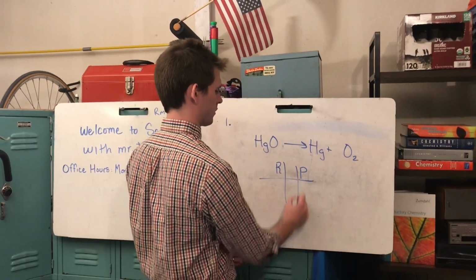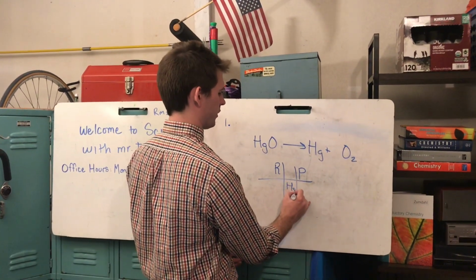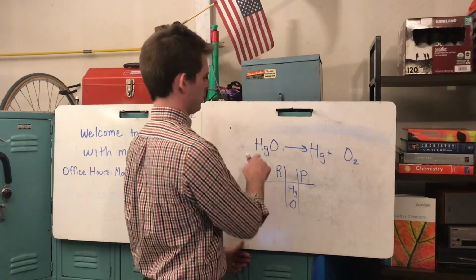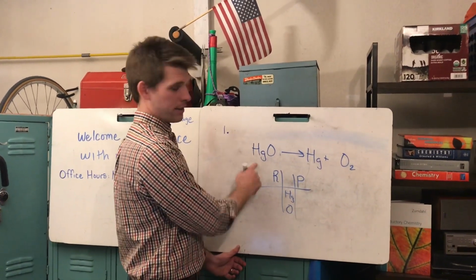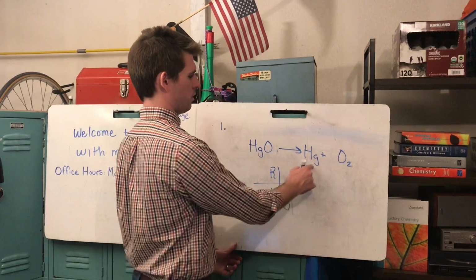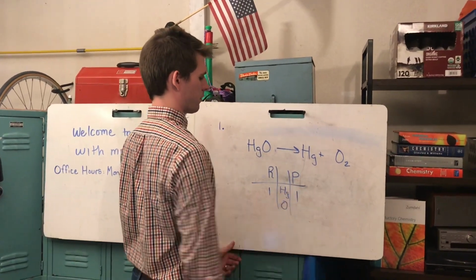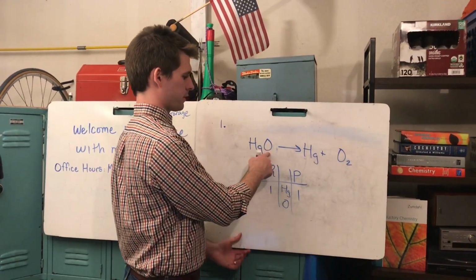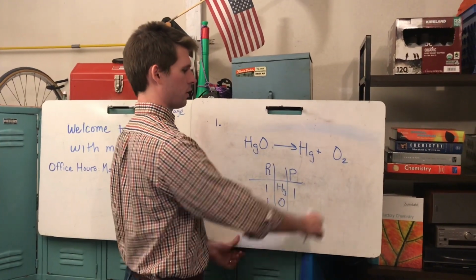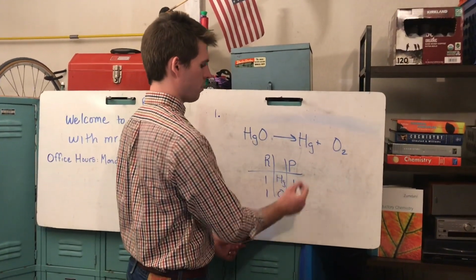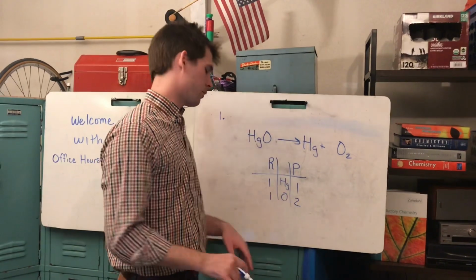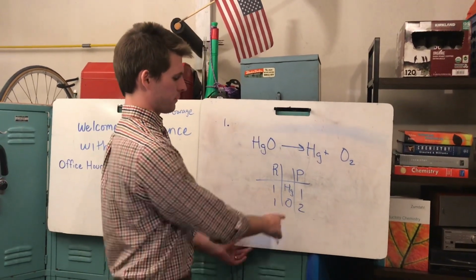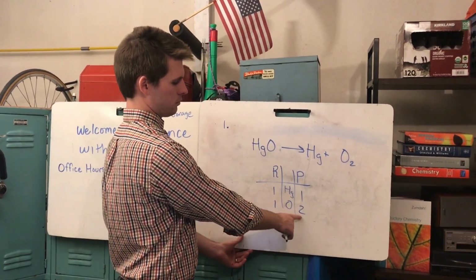We've got mercury and we've got oxygen. On the left side, on our reactant side, we have one of those. On our product side, we have one of those as well. On our reactant side, we have one oxygen, and on our product side, we have two oxygens. So we go, oh no, we're unbalanced. We thought we were gonna make it, but we didn't. Okay, we gotta figure out how to balance this. The oxygen is not balanced.